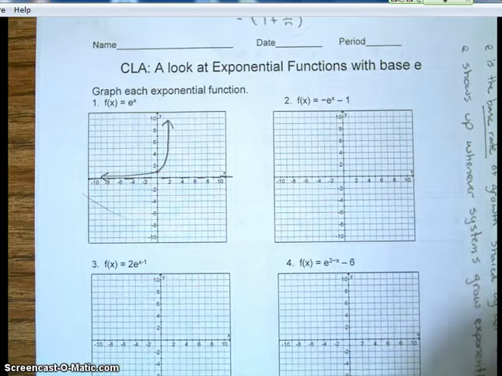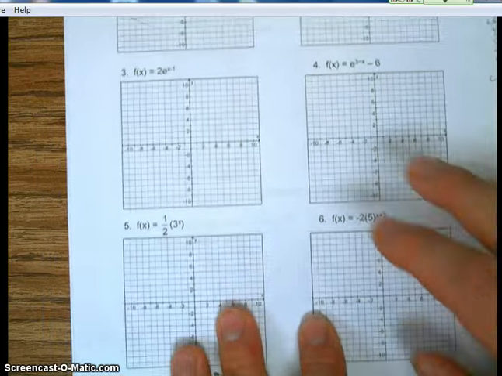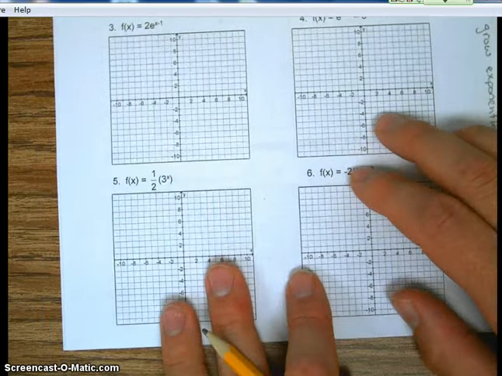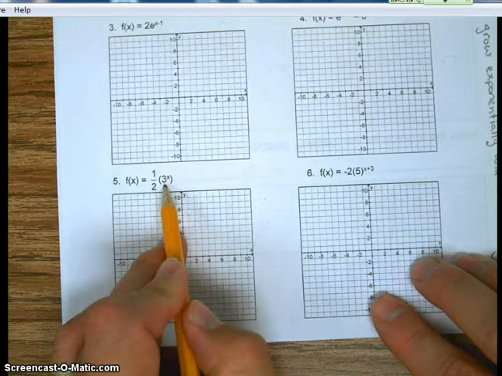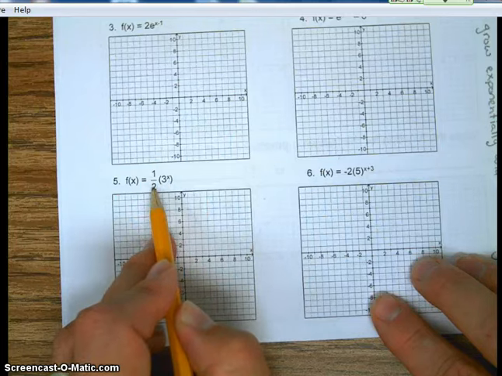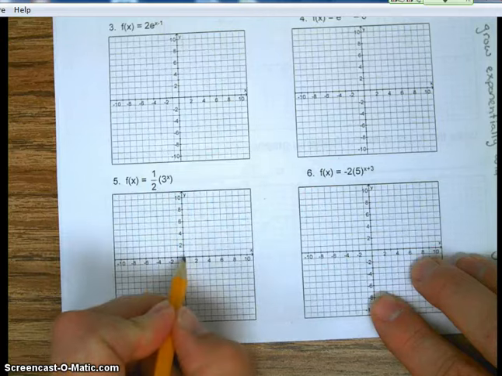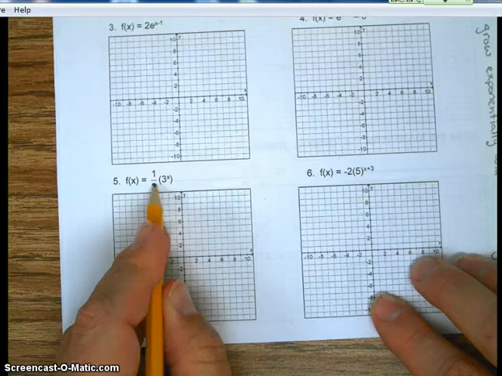Okay, so let's go down here to number 5. This one does not have E as the base. This one has base 3. It's still an increasing function, but we have an a value of 1/2. So normally we would have our point at (0, 1), but we're going to have to take that 1 and multiply it by 1/2.